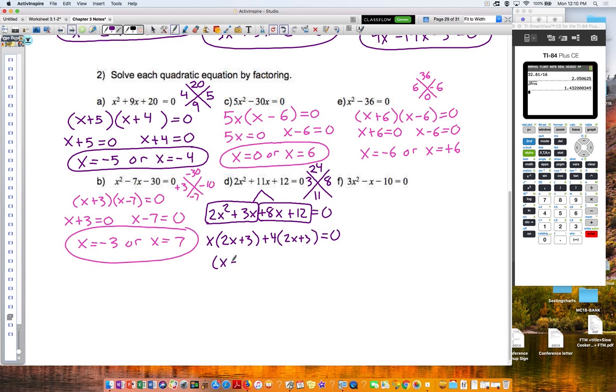So now I have x plus 4 sets of 2x plus 3's. So now I can do the zero product property and set them each equal to 0. So I get x equals -4, or x equals, subtract the 3, divide by 2.